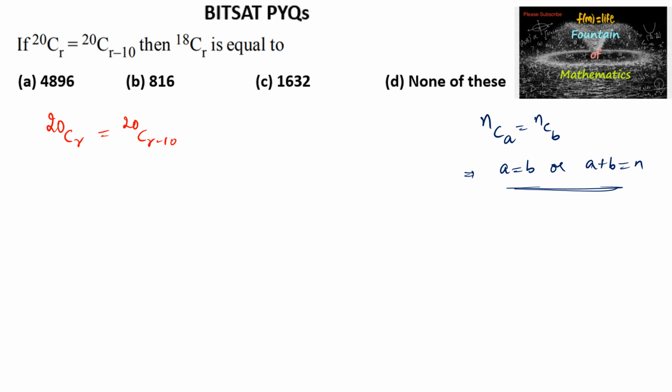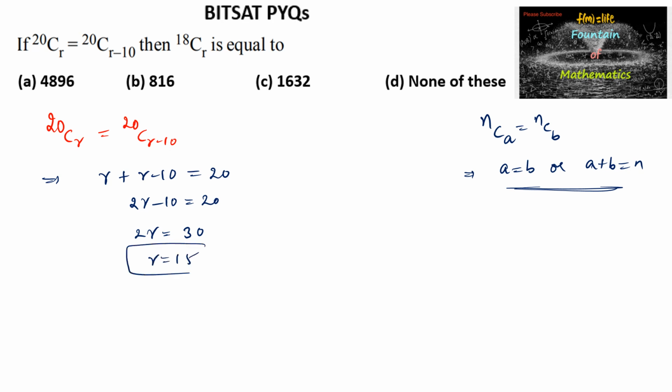Here, 20CR is equal to 20C(R minus 10). R is equal to R minus 10 is not possible. So in the second case, R plus R minus 10 is equal to 20, that is 2R minus 10 is equal to 20. So 2R is equal to 30, so R is equal to 15.